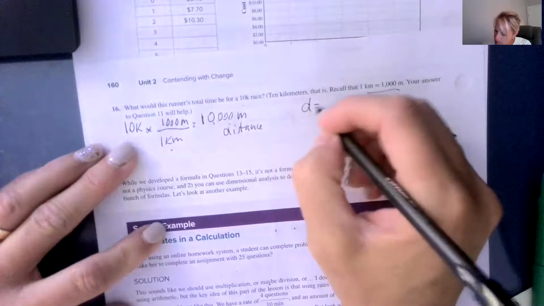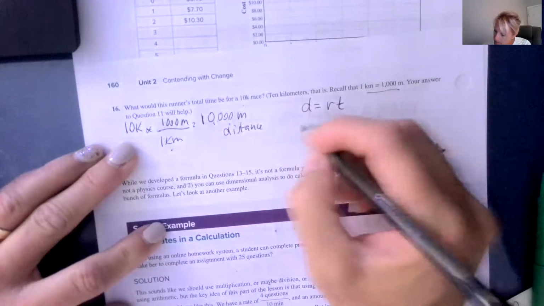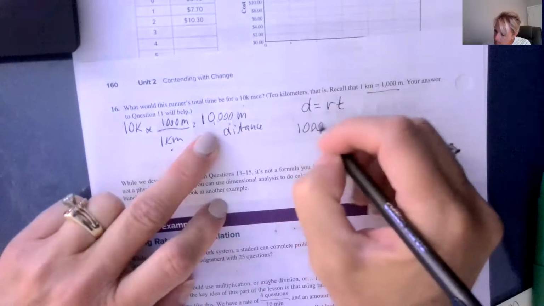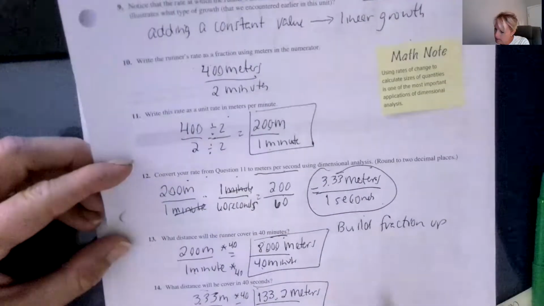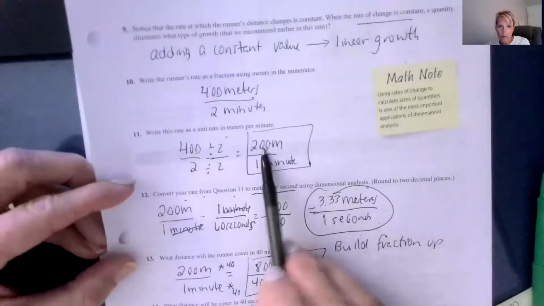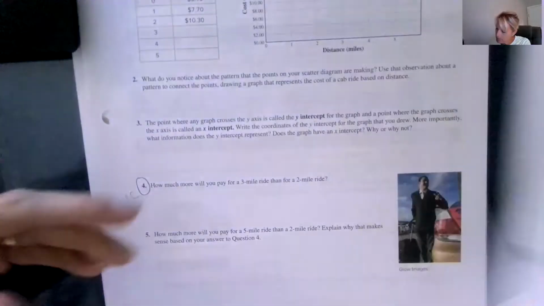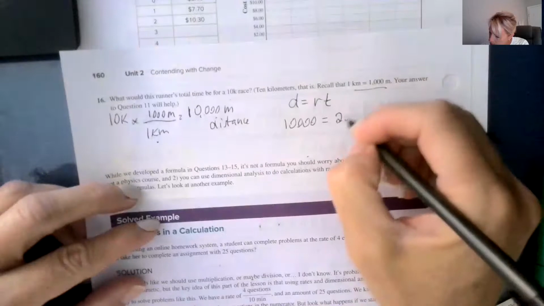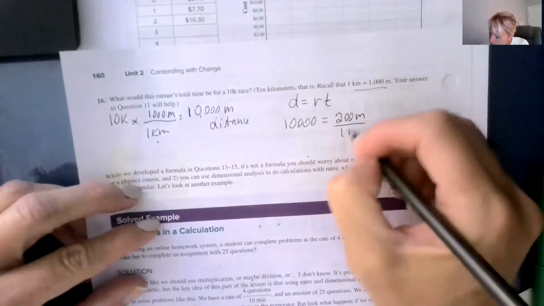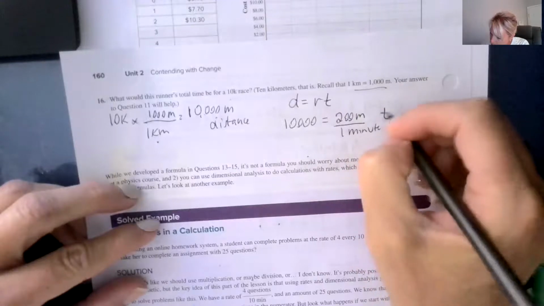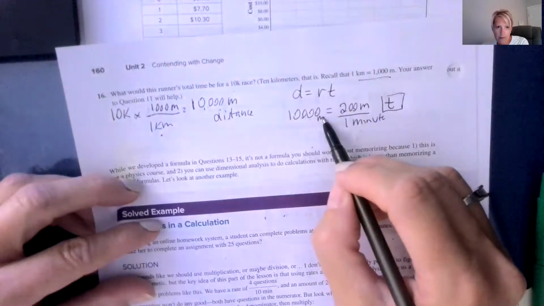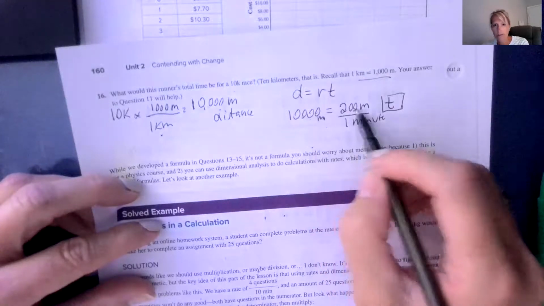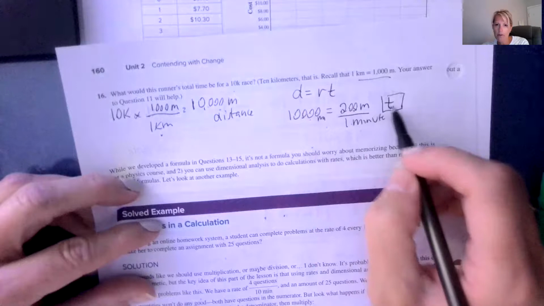And I know this to be true. Distance equals rate times time. And I know my distance this time. And I know my rate that I travel at is 200 meters per 1 minute. But I don't know time, right? And I want to go 10,000 meters. And I know for every 200 meters, I'm traveling 1 minute and I want to solve for this time.